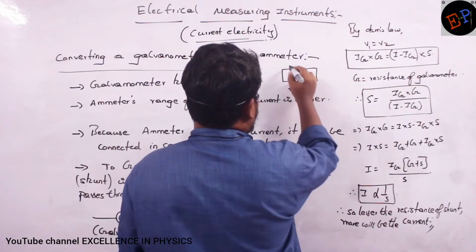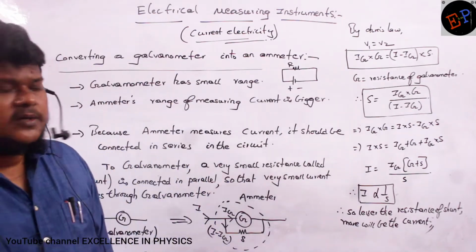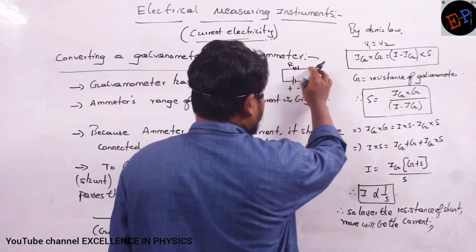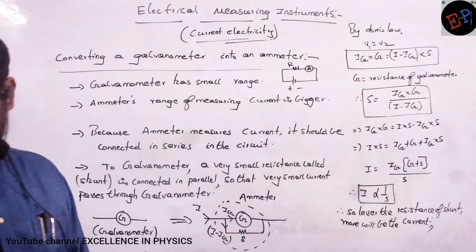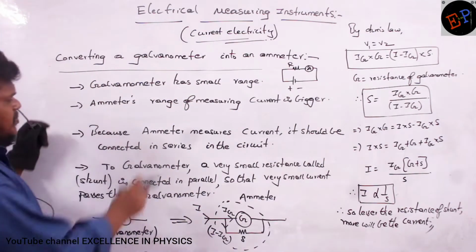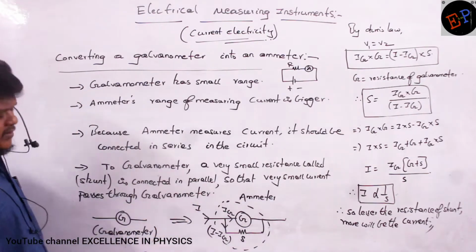In this circuit I want to measure the current. Then what do I have to do? I will connect this ammeter in series. Ammeter must be connected in series. Are you able to understand? Because ammeter should be connected in series, how do we convert a galvanometer into an ammeter? This is the method.